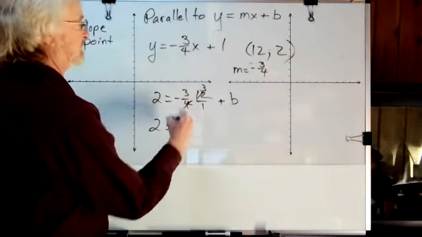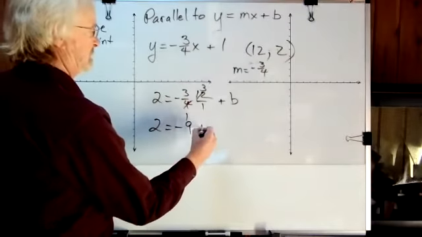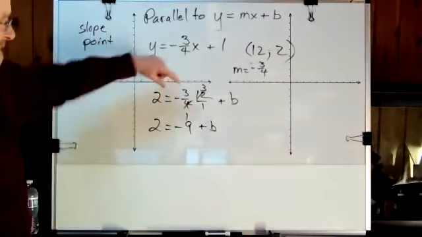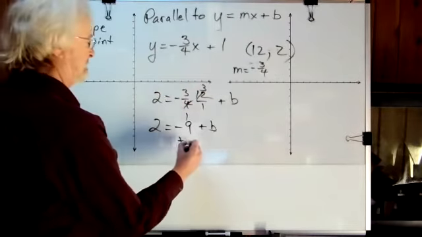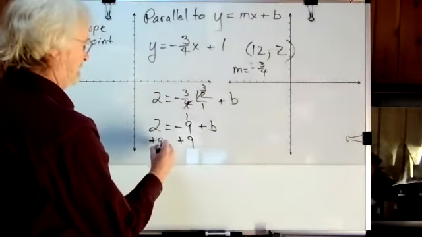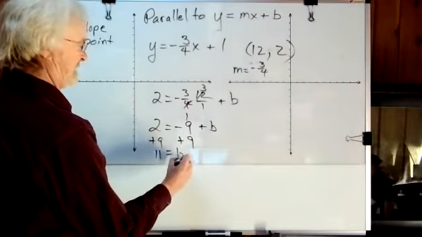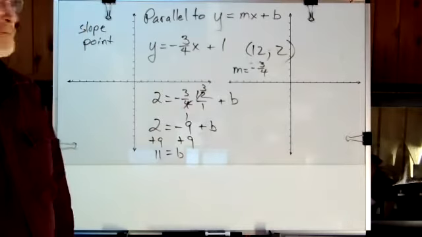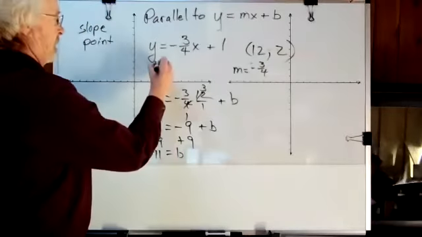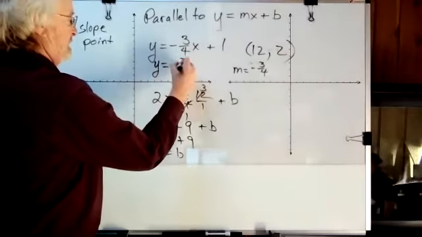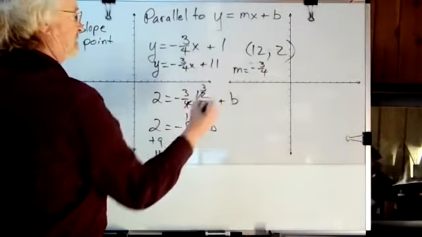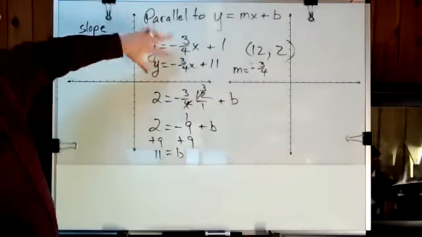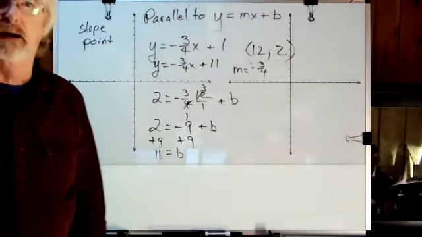And 2 equals -9 plus b. All right, -3/4 times 12 is -9. Let's add the 9. 11 is my intercept value, (0, 11). So y equals -3/4 x plus 11. Two lines, same slope, different intercepts, they're parallel.